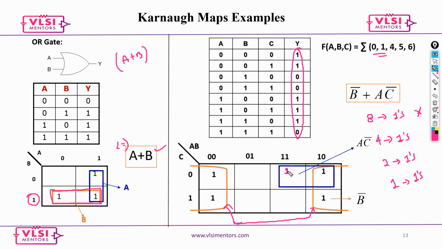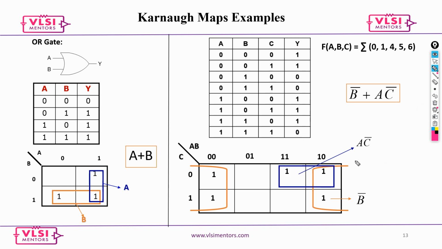There is only one left over. So now I'm just using a 2 by 1, 2 groups of 2 ones that I'm grouping. Now that is basically done. Okay, now what does this mean? Now look at this. So these 4 ones, what are they giving me?